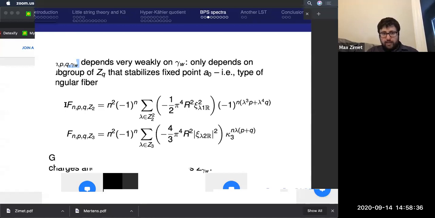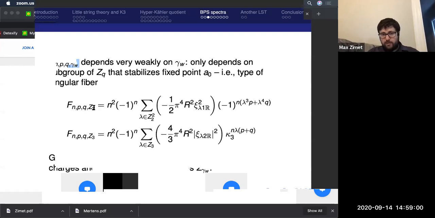So I can label these functions, instead of by their winding charge, by the stabilizer of that singular fiber. In T2 base mod ZQ, each singular fiber corresponds to one of the fixed points of that ZQ action. So I'll just label the singular fibers by their ZQ stabilizer.